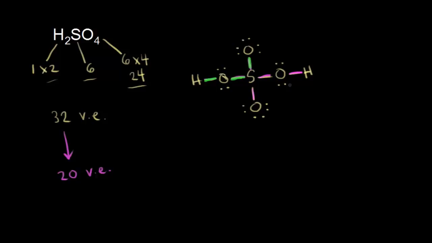So let's see, how many electrons did we just represent there? Well, we had 6 on the top oxygen, 6 on the bottom oxygen. That's 12. And then we had 4 on the left and 4 more on the right. So that's 8. So 12 plus 8 is 20. So we've now represented all of the valence electrons that we needed to show.